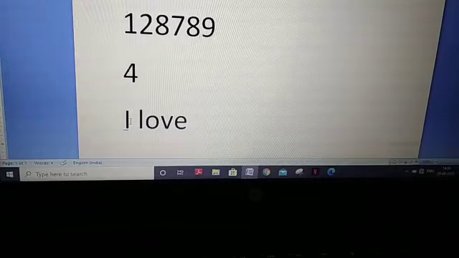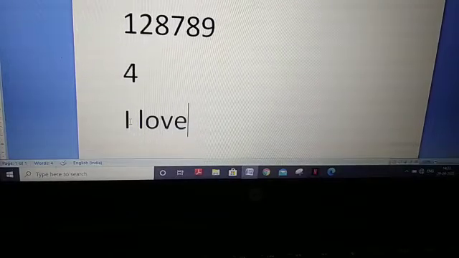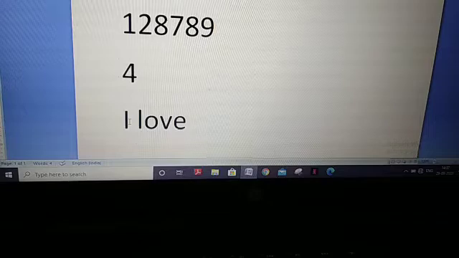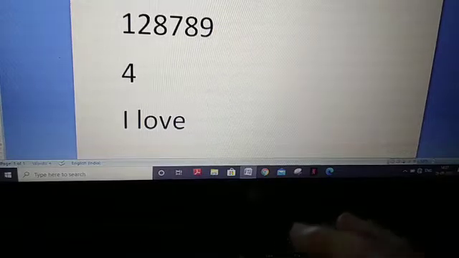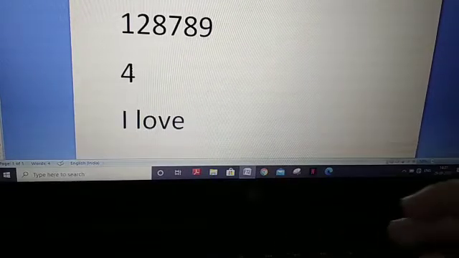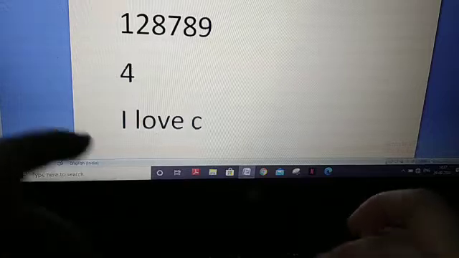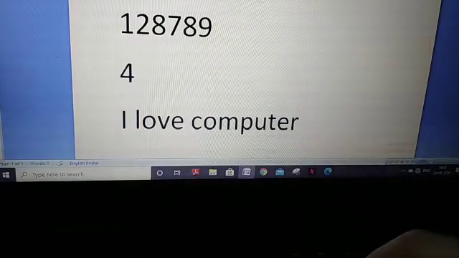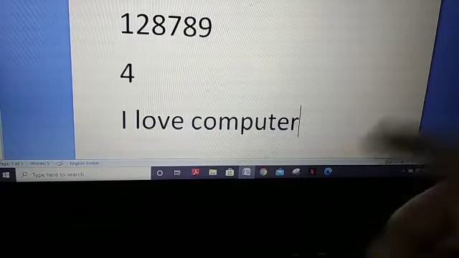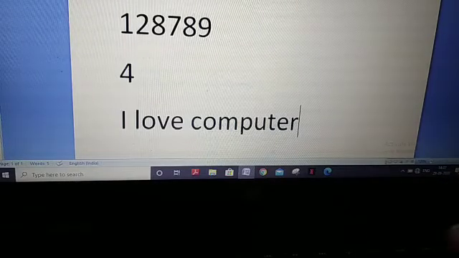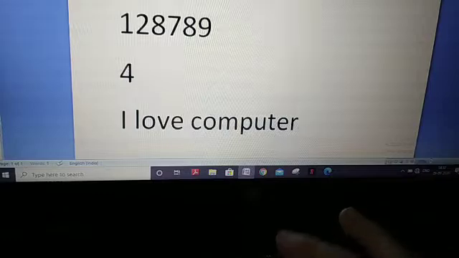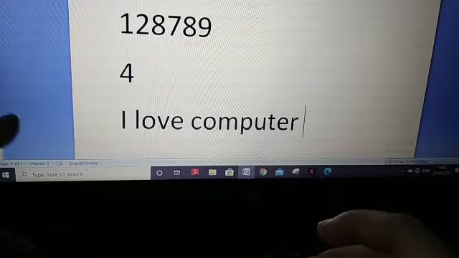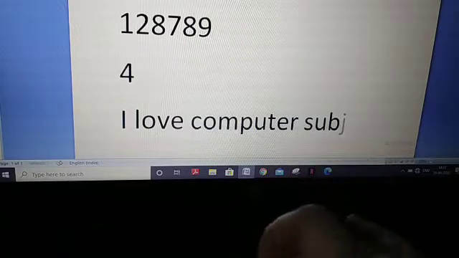So now you see. After love, I have to give a gap, so I am going to press space bar. Then computer. Then again we need to give space, so press the space bar key and write subject.